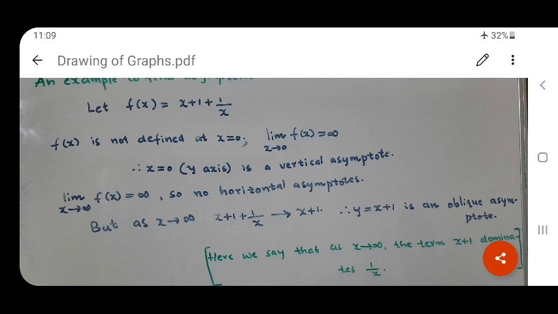Therefore, x plus 1 by x will behave like x itself. That means y equal to x is an oblique asymptote. So here we say that as x extends to infinity, the term x dominates the term 1 by x. So in such cases, y equal to x or such terms are the oblique asymptotes.